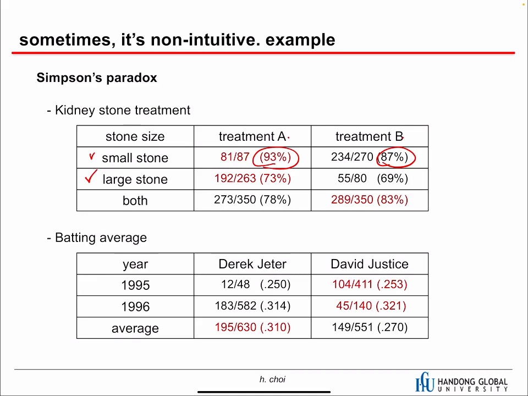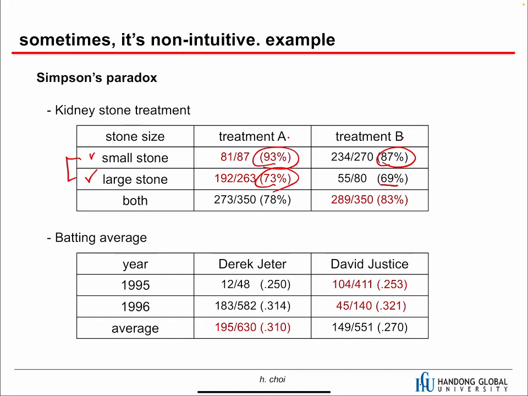And for large stones, if we apply treatment A, then 73% is the success rate. But treatment B has 69%. So in both cases, whether the stone is small or large, if we apply treatment A, the success rate is higher than treatment B.